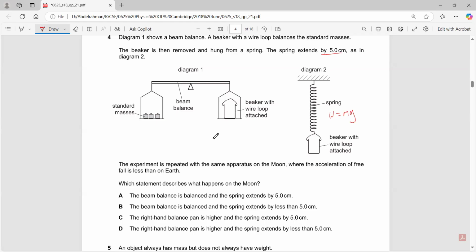But the beam wouldn't be affected. The weight would be less on both sides, meaning that it would still balance on the moon. The beam balance is balanced, and the spring extends by 5 centimeters? No, by less than 5 centimeters. Why? Because the weight on the moon is less.